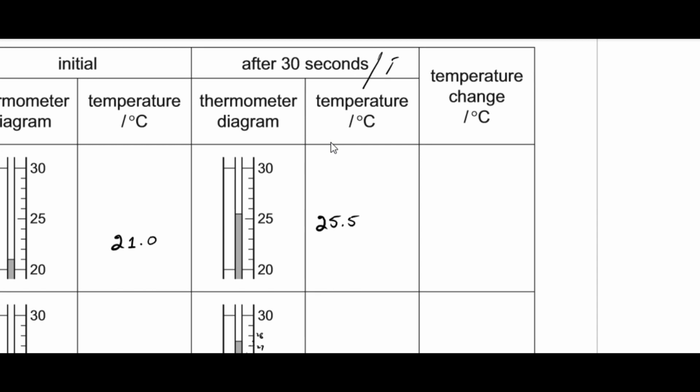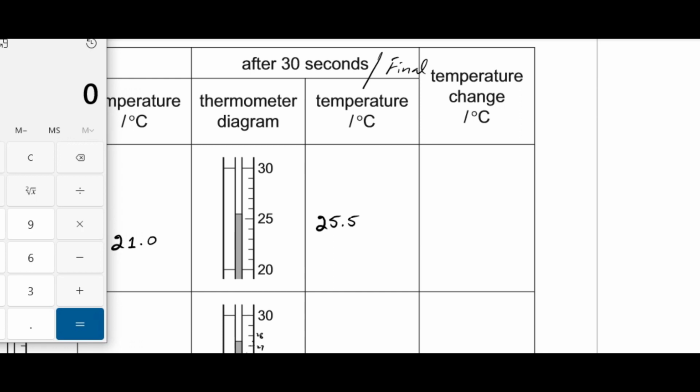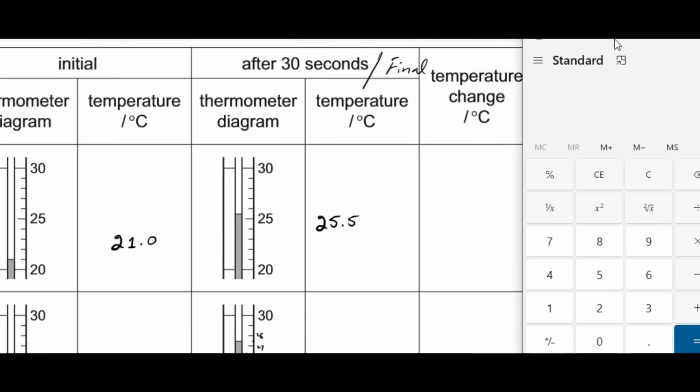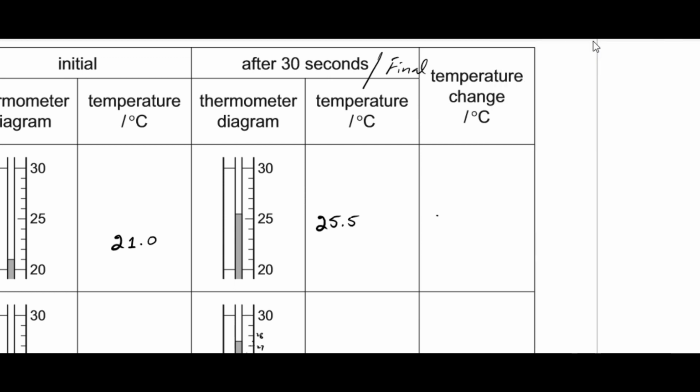So this is basically final temperature, while at the left side, initial temperature is given. To calculate the temperature change, we need to subtract initial temperatures from final temperatures. So the first one would be 25.5 minus 21 equals to 4.5.